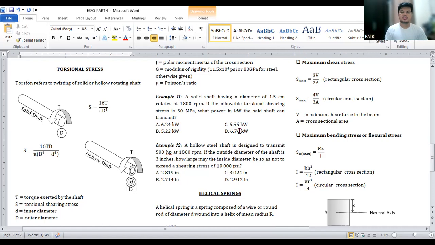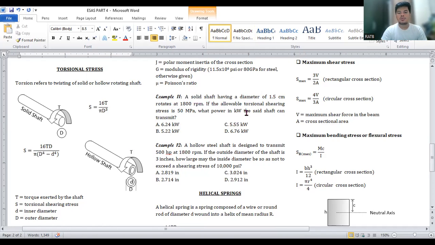Okay, so let's go on to item number 11. Item number 11 states that you have a solid shaft having a diameter of 1.5 cm. It rotates at 1,800 RPM.